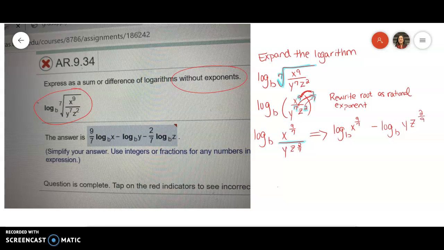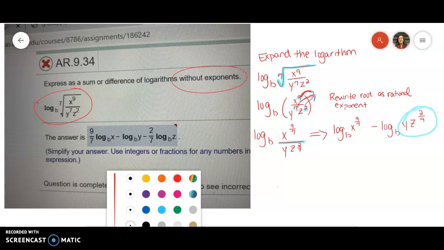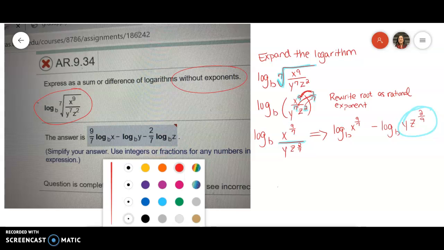And I could have done a few more things there, but I don't want to get ahead of myself. Now you have another property that says that when you are multiplying within a logarithm, a way that you can expand that is by rewriting that multiplication as addition.